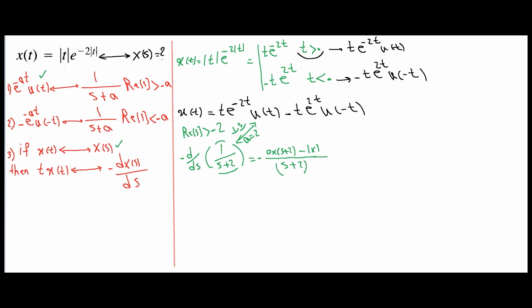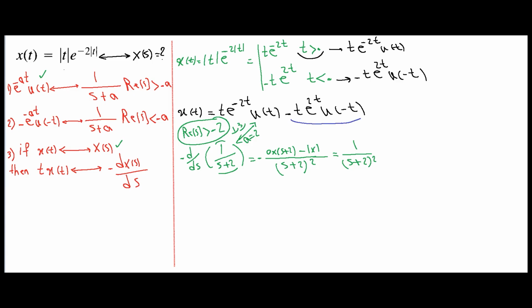Since the derivative of numerator is 0 and the derivative of denominator is 1, we finally get 1 divided by (s plus 2) squared with ROC real part of s greater than minus 2.